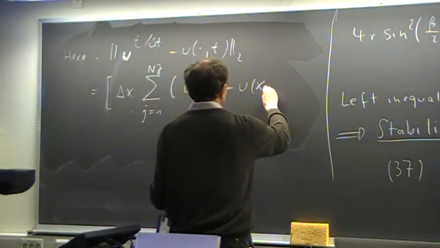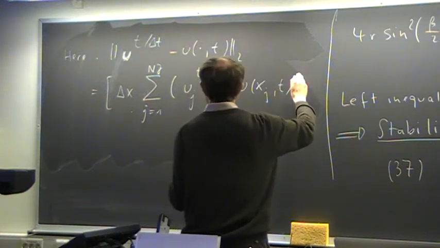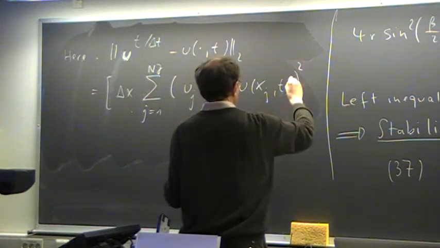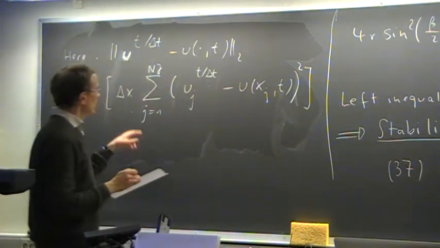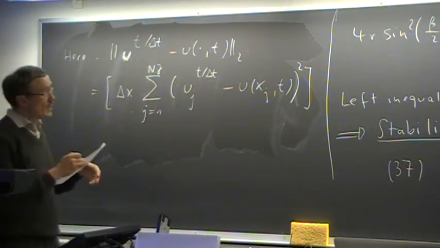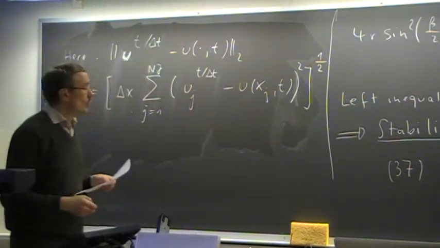Then we take that at the grid points. We are considering the time t, and then we take that squared, and after having taken the sum of this difference multiplied by delta x, we take the square root. So that is then the true norm.